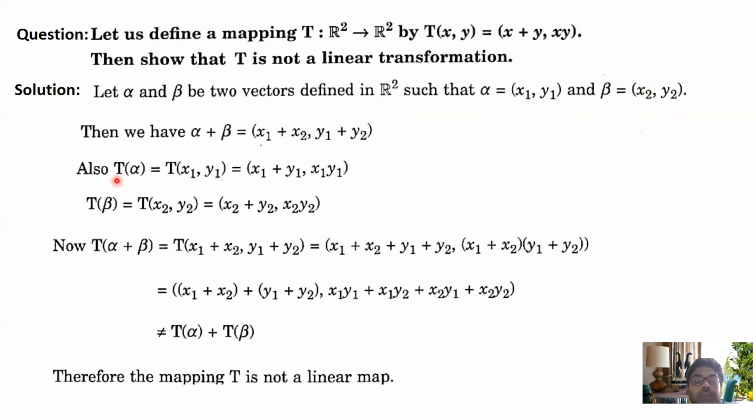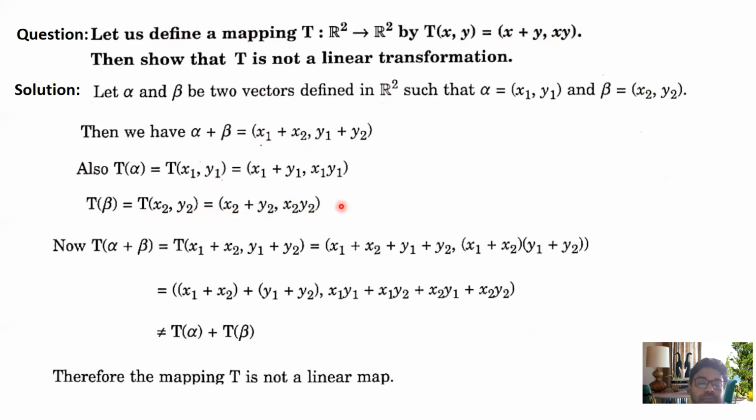Now T alpha is equal to T(x1, y1) which is (x1 plus y1, x1 y1). This is coming from this formula. Clear? Similarly, T beta is equal to T(x2, y2) which is (x2 plus y2, x2 y2).